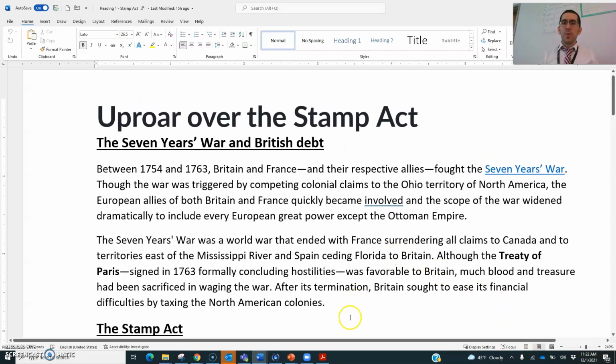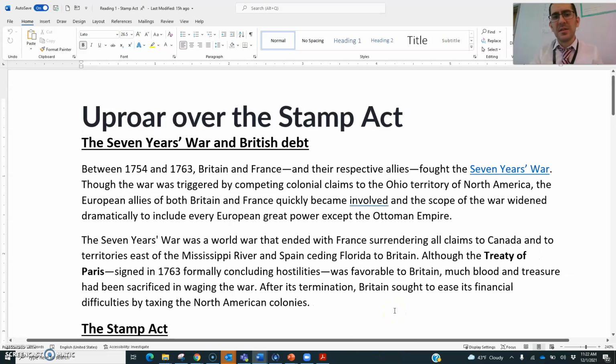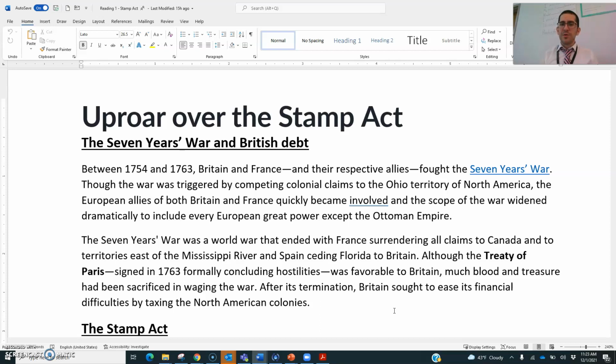The 7 Years' War and British Debt. Between 1754 and 1763, Britain and France and their respective allies fought in the 7 Years' War. Though the war was triggered by competing colonial claims to the Ohio River Territory of North America, the European allies of both Britain and France quickly became involved, and the scope of the war widened dramatically to include every European great power except the Ottoman Empire.